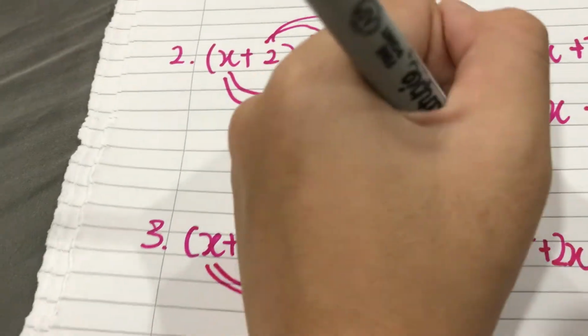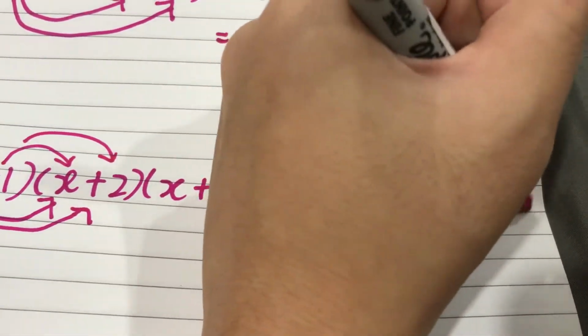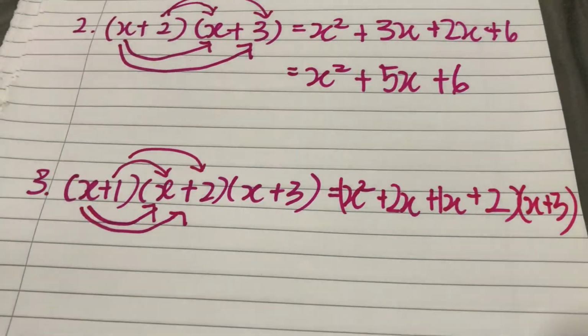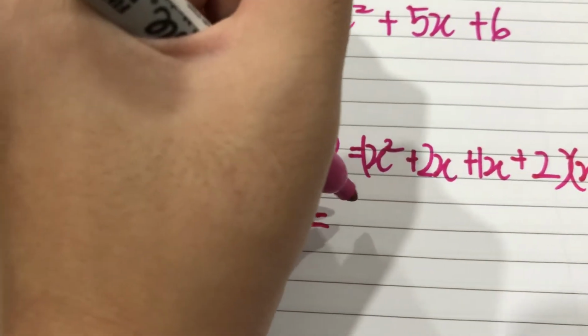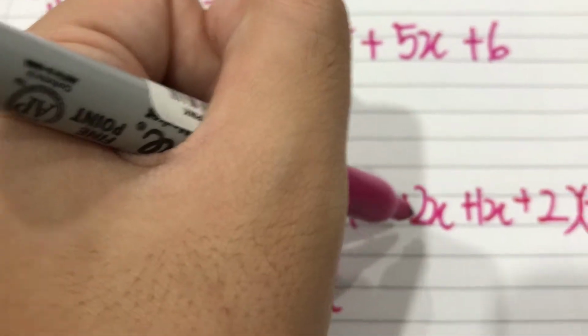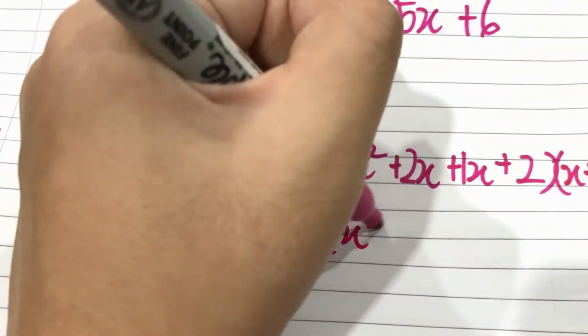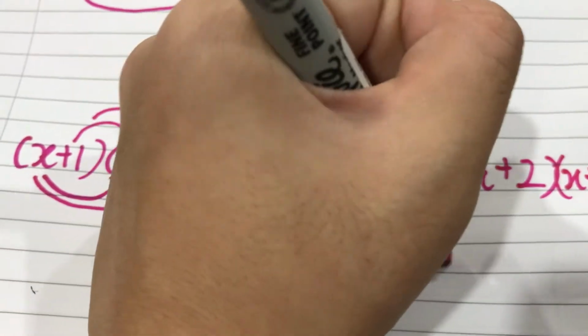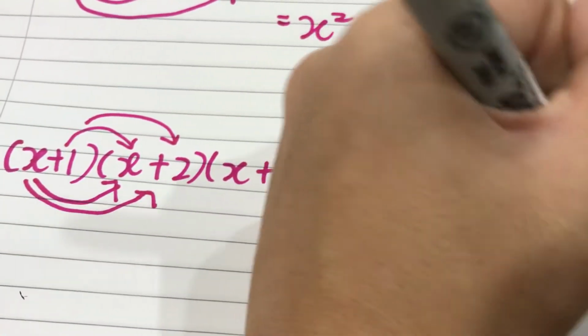And then the bracket, we still have the x plus 3, right? So here we still have to write x plus 3. Then we have to simplify this, 2x plus 1x, which is x squared plus 3x plus 2, bracket x plus 3.